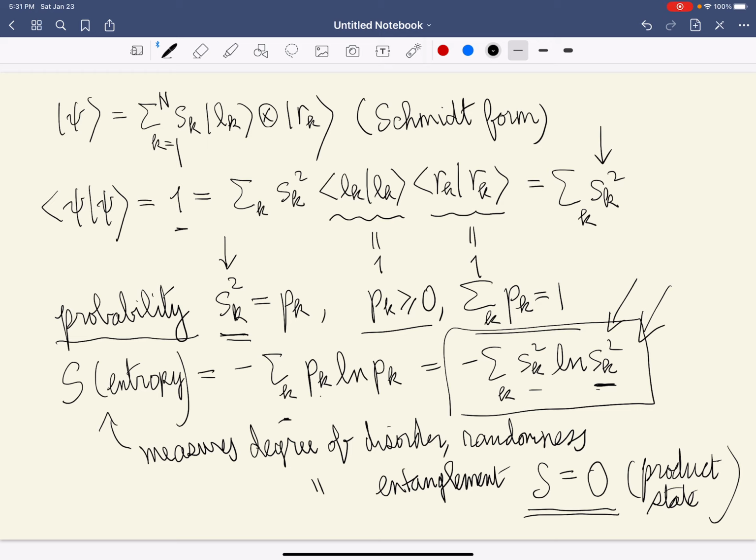So this is the smallest entropy state you can imagine. On the other hand, if this quantity becomes larger and larger, it means that you're moving the state towards the direction of having more and more entanglement.